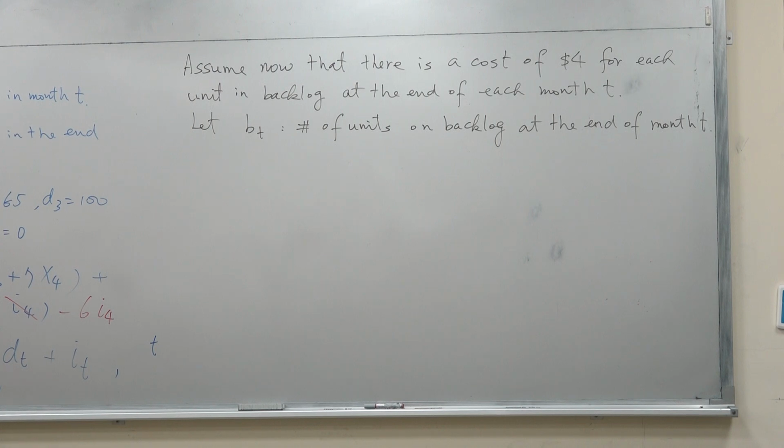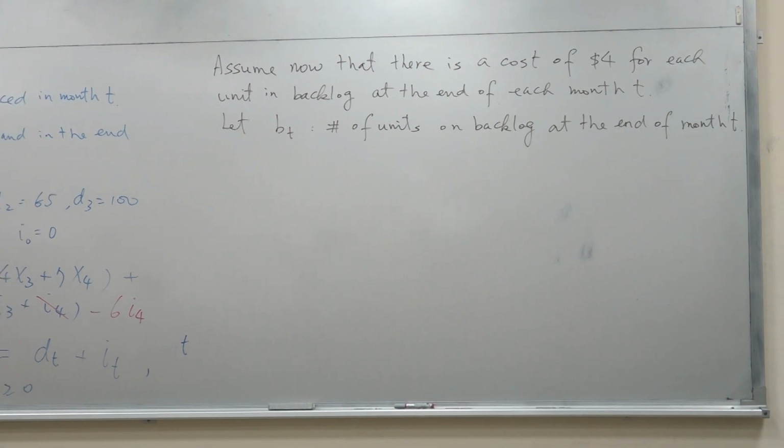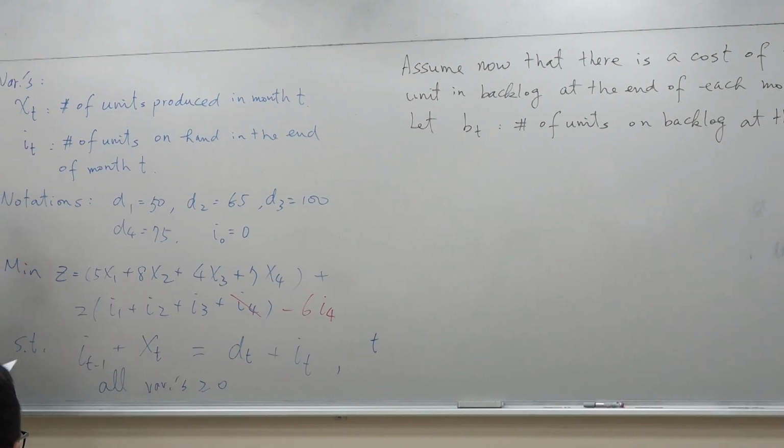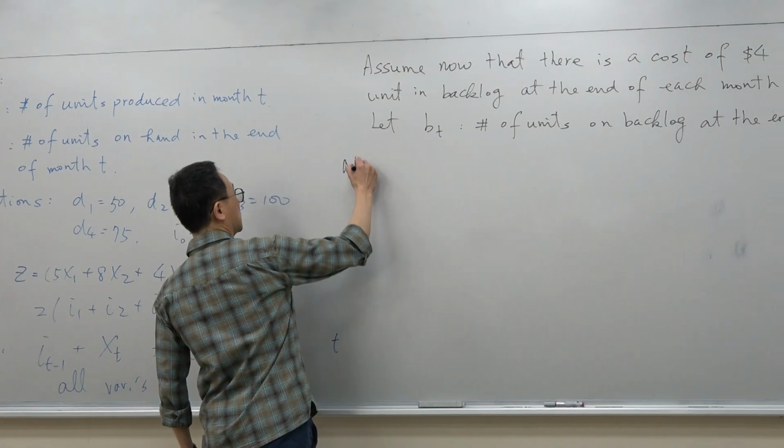So we introduce a new variable. And how can I write down our objective function? That will be minimized.